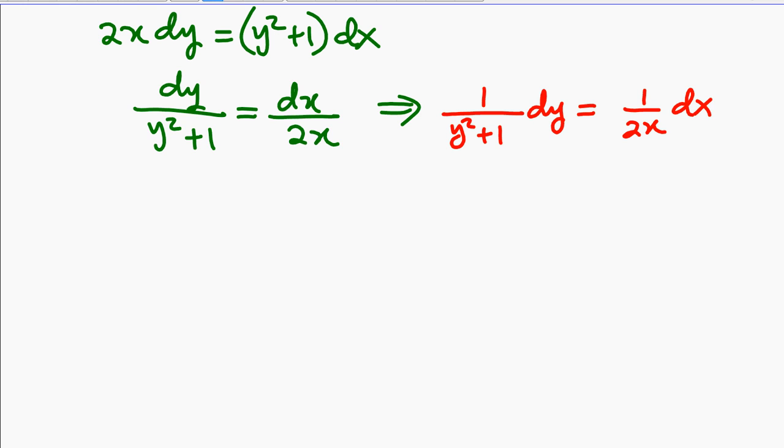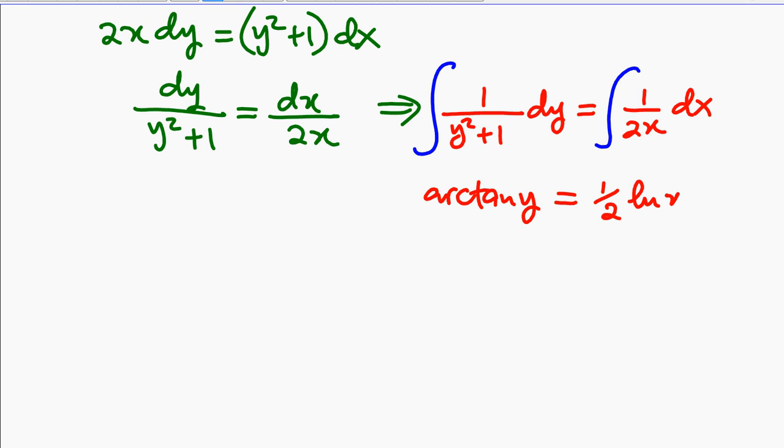At this stage, we can just go ahead and integrate each side separately. So what we'll end up with is arctan y, if you check your formula booklet, you should be able to see that. And this will just be a half ln x plus c. So at this stage, we have a general solution.